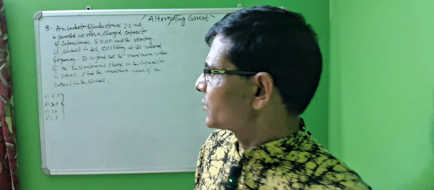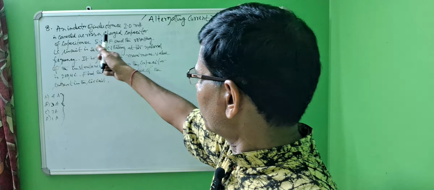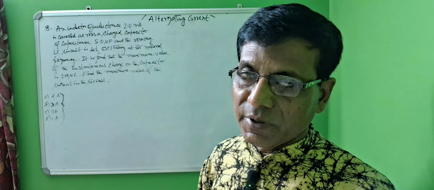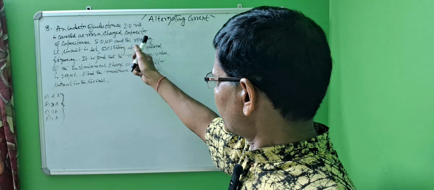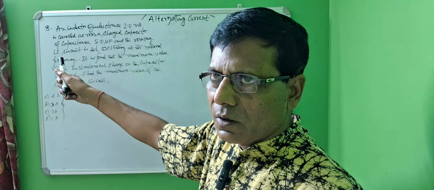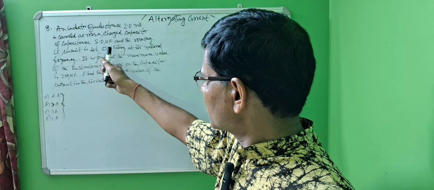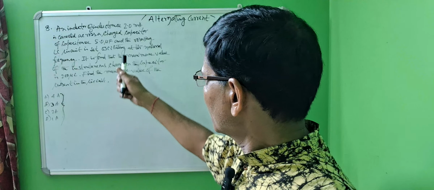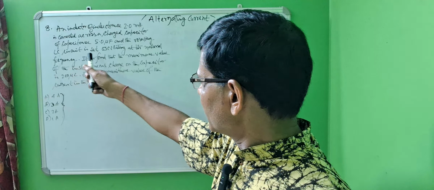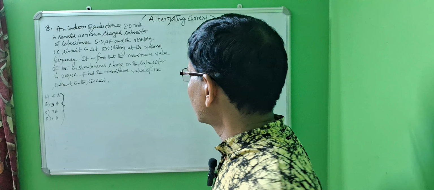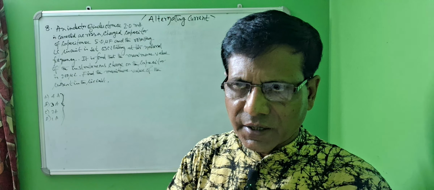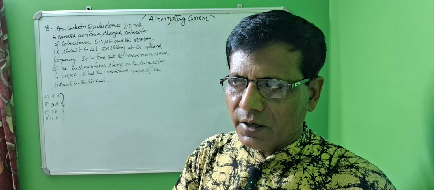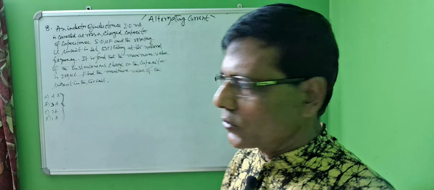Problem number 8 says an inductor of inductance 2.0 millihenry is connected across a charged capacitor of capacitance 5.0 microfarad, and the resulting LC circuit is set oscillating at its natural frequency. This setting is taken into oscillation form.